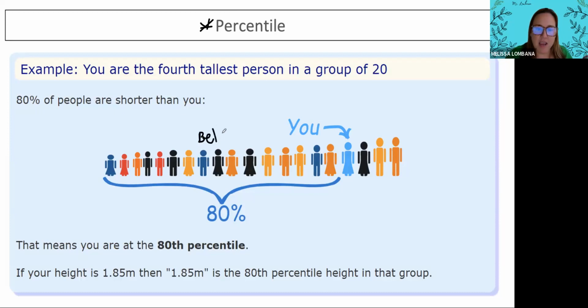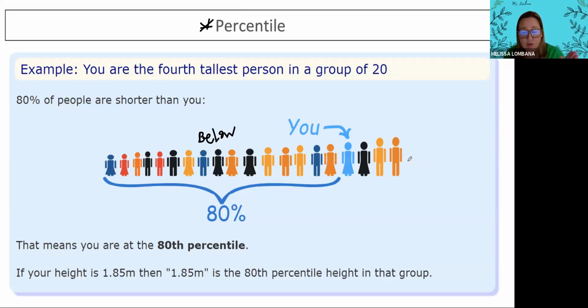So if you get a percentile in your SAT of 80%, I'm sorry, let's use another one, like 75%. That means, or 75th percentile, that means that 75% of the people got below your score, okay?